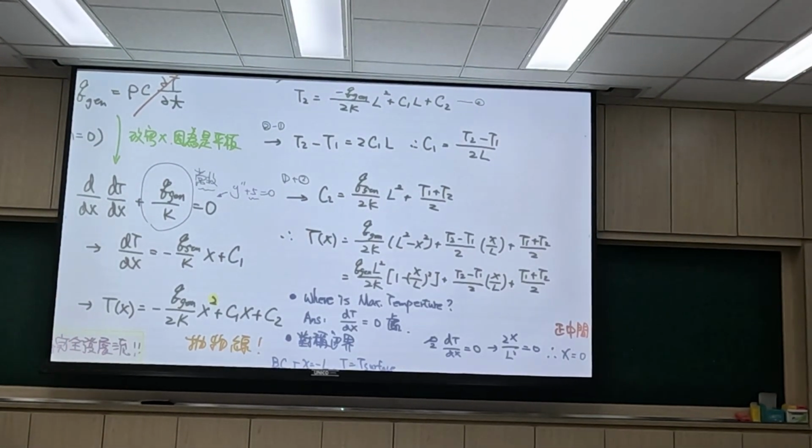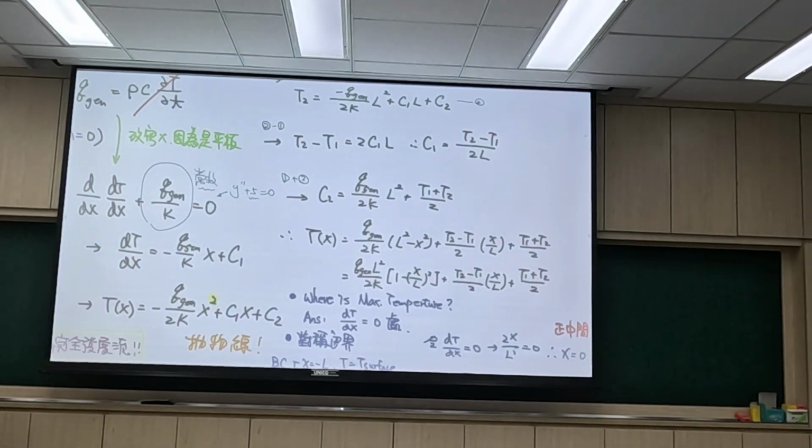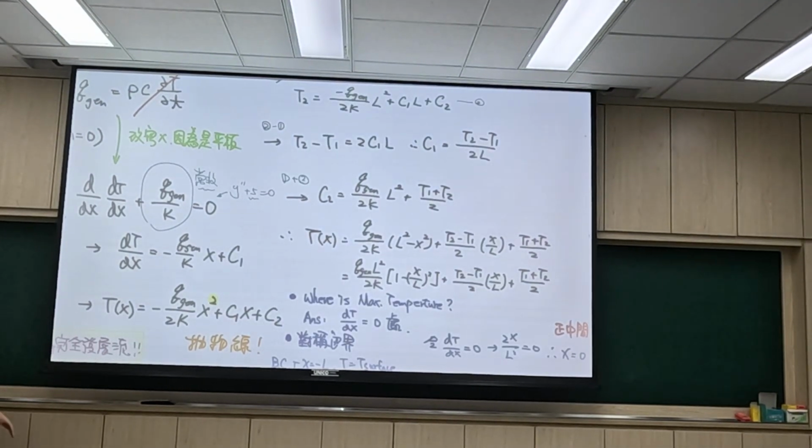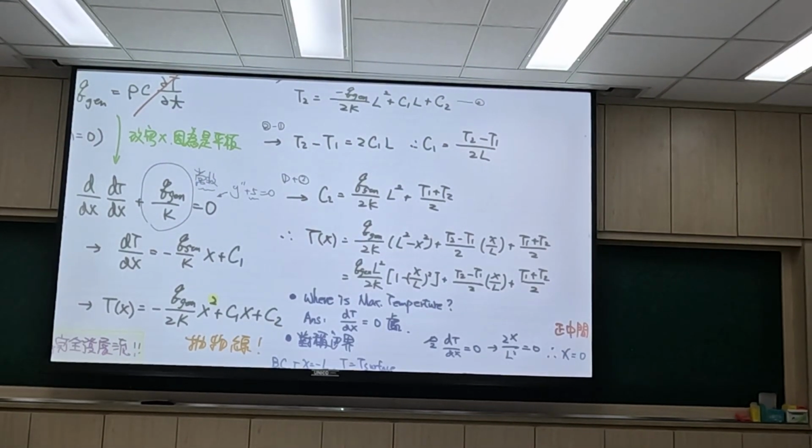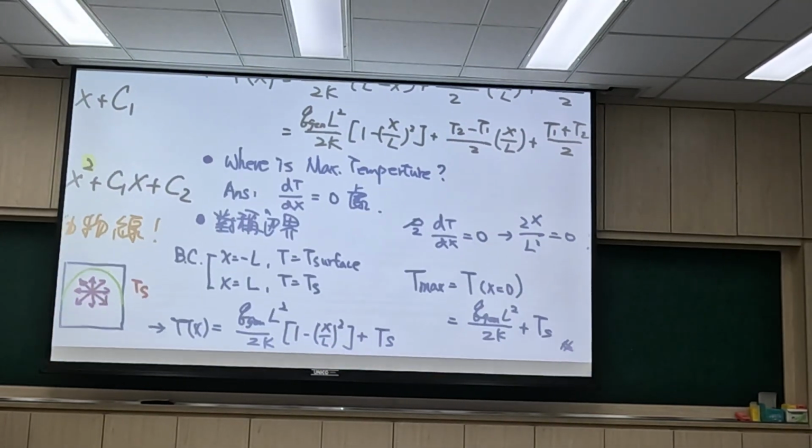Typically in this kind of question, you have heat generation inside of your solid. The typical question will be, where is the maximum temperature? We already talked quite a lot about this.